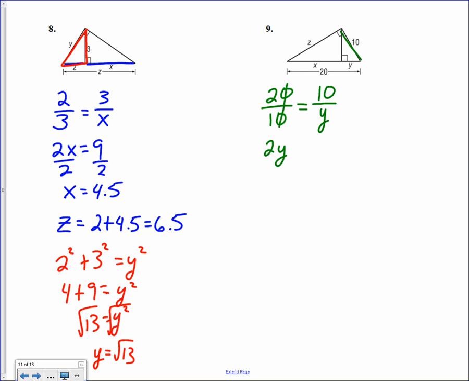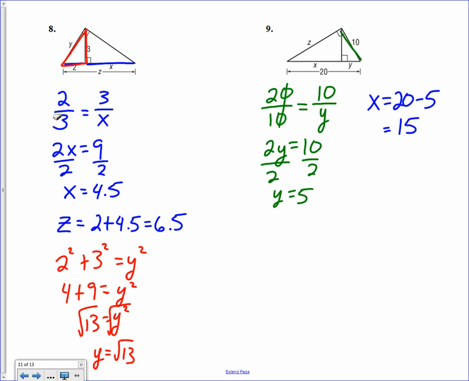We get 2y equals 10. Divide both sides by 2, and y is 5. This, again, like the last one, makes x easy to find. X must be 20 minus y, which is 5. That is 15.